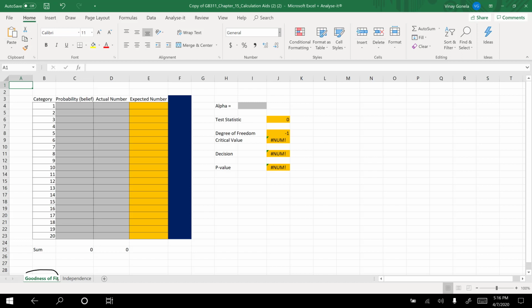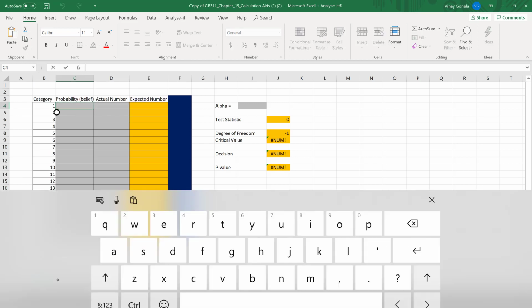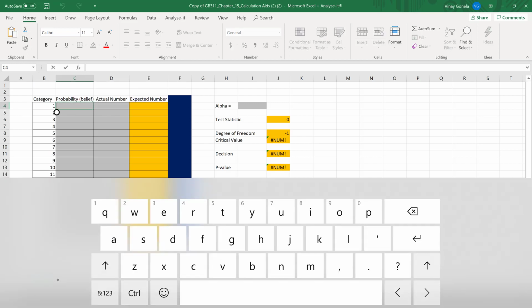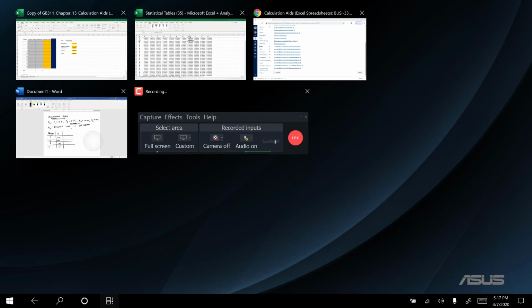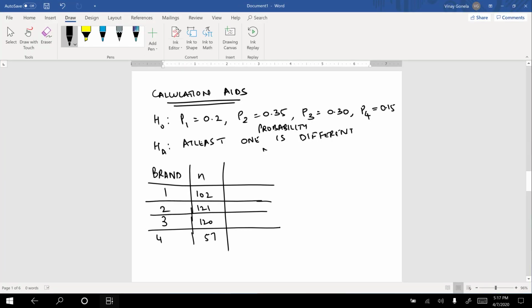First, they're asking you to enter the probabilities. Probability or belief means probability. So I'm going to copy these probabilities here. Our probabilities are 0.2, 0.35, 0.30, and 0.15.